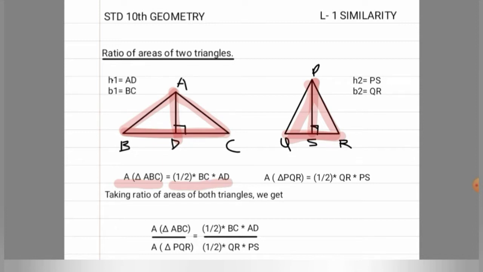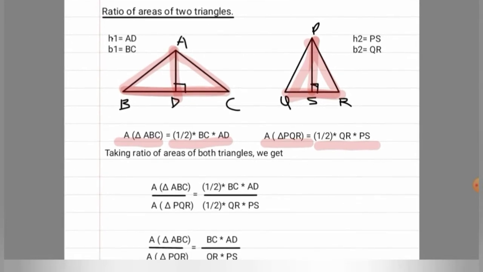Similarly, for triangle PQR, the area of triangle PQR is equal to half into QR, that is its base, into PS, that is its height. Now, taking the ratio of areas of the two triangles, that is, area of triangle ABC upon area of triangle PQR is equal to half into BC into AD upon half into QR into PS, as shown in this equation.